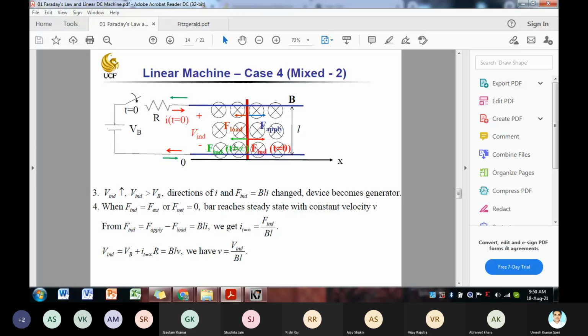F induced is the green color arrow. So for balance condition, for steady state condition, the net force on the conductor should be zero, so m dv upon dt should be zero for constant velocity. So what is the net force? F apply minus F load.